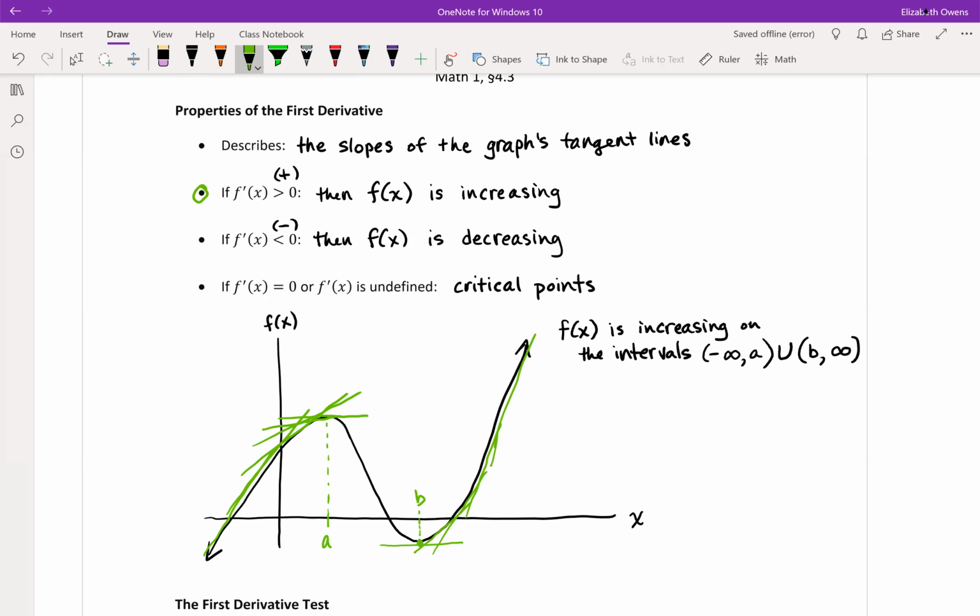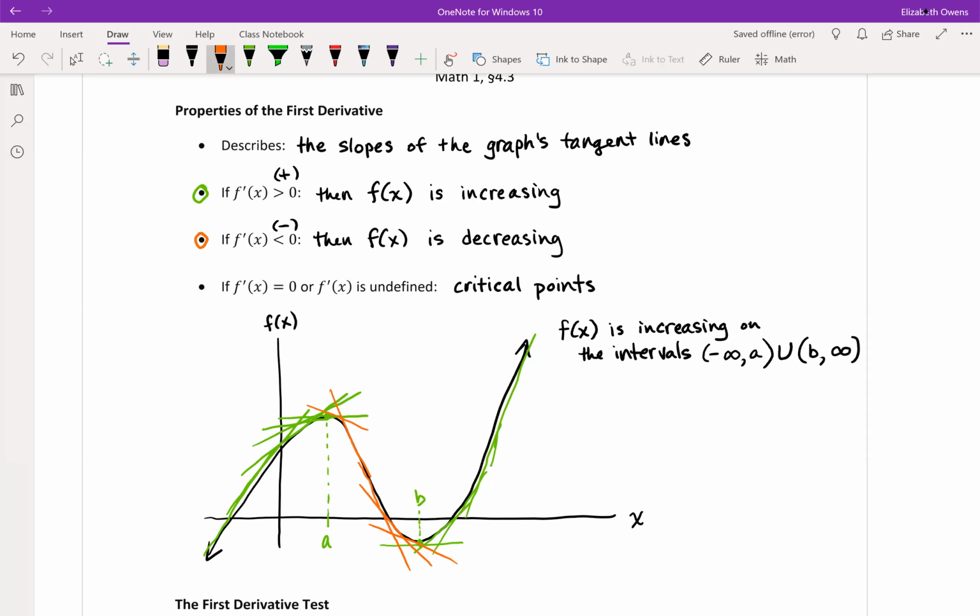And so then you might be able to tell we're going to look at decrease as well, and that's going to be the part that we haven't drawn the tangent lines for yet, right in the middle here. So from our critical point at A, if we go on the other side of that, then we have tangent lines with negative slopes. They get pretty steep in the middle there, and then they start leveling off again until we get to our other critical point at B. So that's negative tangent slopes, so our first derivative is negative.